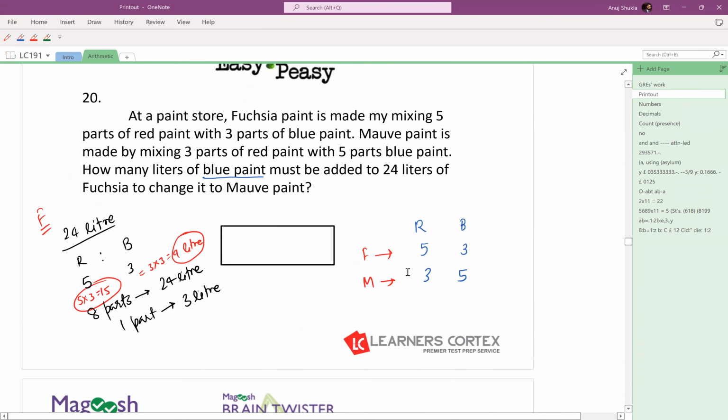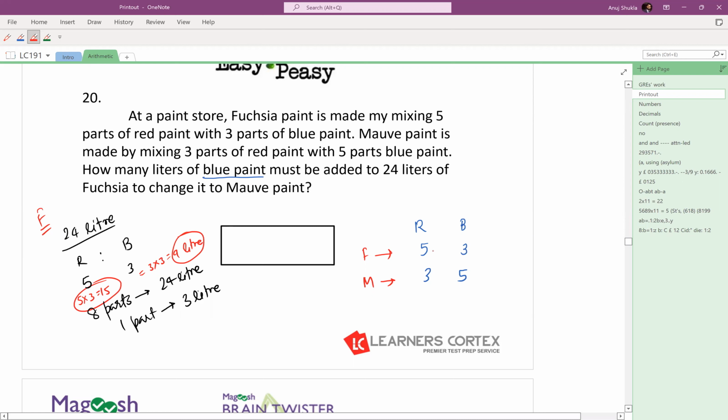When you are changing from fuchsia to mauve, are you changing the red paint content? No, sir. You are only adding the blue paint, means overall only blue paint content is getting changed. Can I say red is constant when fuchsia is getting changed to mauve? Yes, sir.